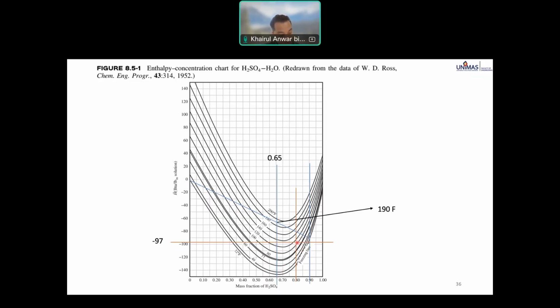For the second question, 100% on figure 8.5-1, the system must have an enthalpy of 0 BTU per unit mass. The answer should be temperature, at 100% is here.